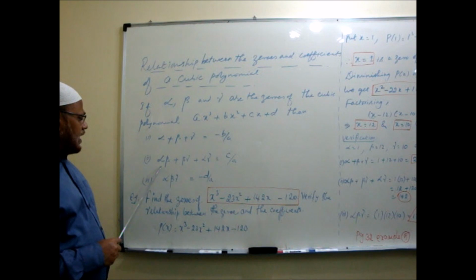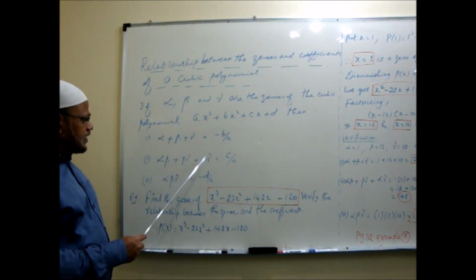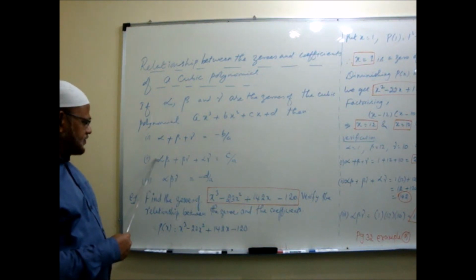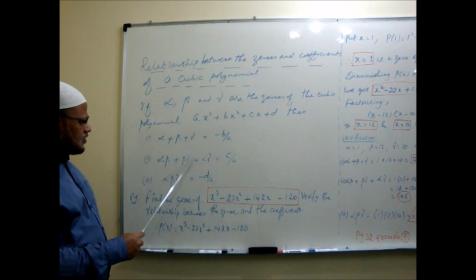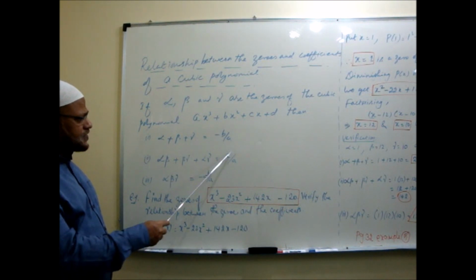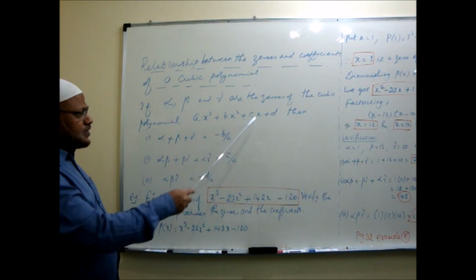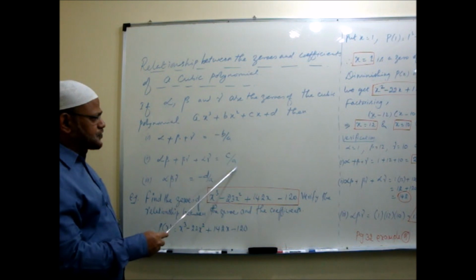Again, alpha beta plus beta into gamma plus alpha into gamma, this is the product taken two at a time. Alpha beta added to beta gamma added to alpha gamma will be equal to c by a. C by a means the x coefficient by the x cube coefficient.